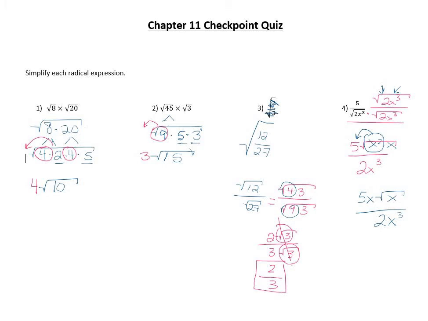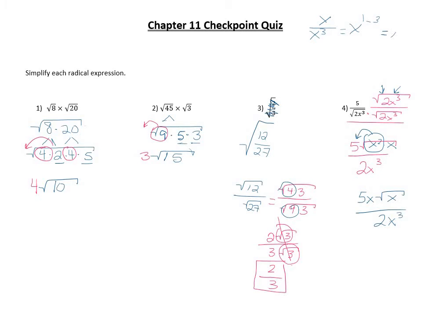If I have an x in the numerator and x in the denominator, remember your exponent laws where you can subtract your exponents. So here, notice that x over x to the third is going to be x to the 1 minus 3 power.